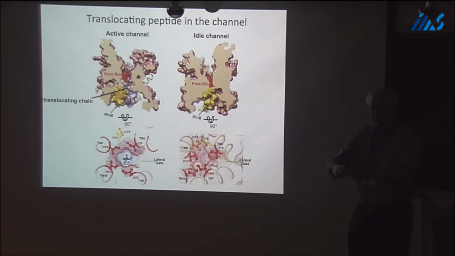So they basically seal around the translocating polypeptide chain, and this prevents the free flow of ions while you're translocating a polypeptide chain. If you think about it, I mean, Roger was probably pointing it out, it's not trivial to translocate a macromolecule through the membrane and yet prevent small molecules from going through at the same time. And so nature has found a really elegant way to deal with that.